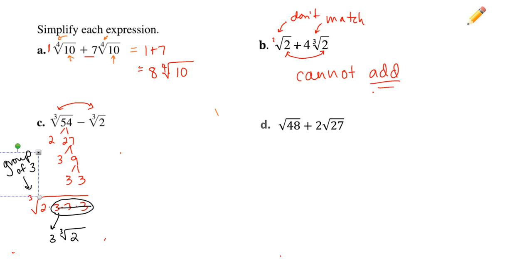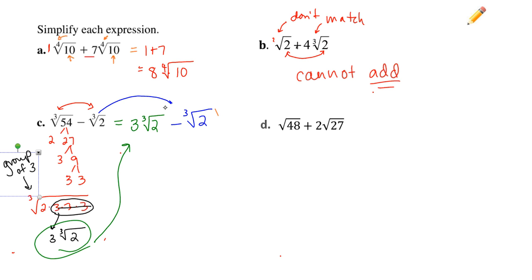All right, so this problem is now 3 cube root of 2, that's this guy, and then minus cube root of 2, that's this guy. Right, they match, same number on the shelf, same number on the inside. Now we just need to combine them.